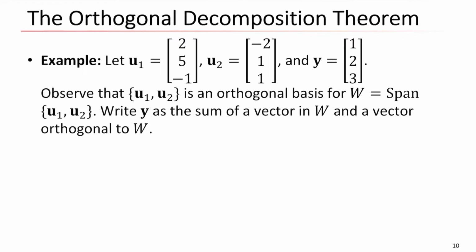Let's say the vector u1 is equal to something like this, and vector u2 is equal to something like this, and we have the vector y here. Observe that vectors u1 and u2 form an orthogonal basis. An orthogonal basis for W is span u1 and u2.